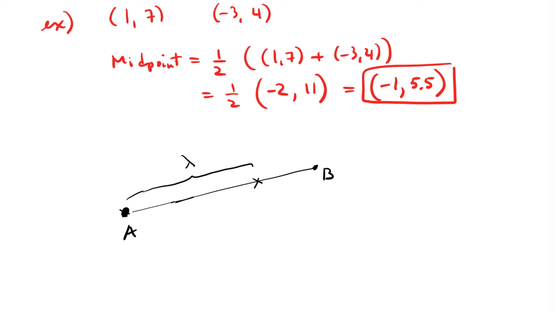It's just some variable, but lambda could be 1/2. That's the midpoint, right? It's when you're half of the way. But lambda could be 2/3, lambda could be 1/3, or it could be your favorite number between 0 and 1. So this way we can generate all points between A and B.